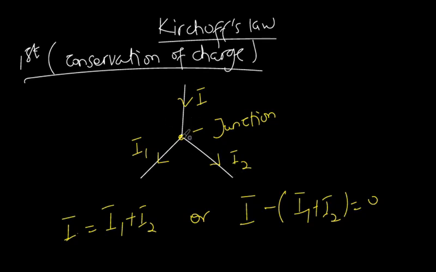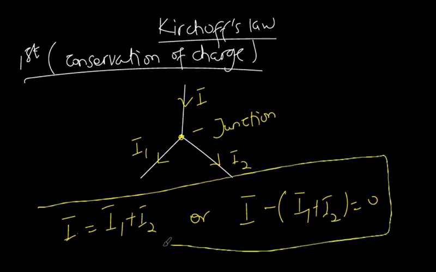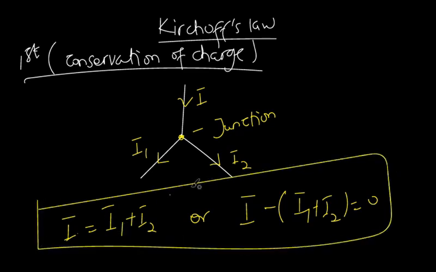So at this junction there is no current at all, or the current arriving is equal to the sum of the currents leaving that particular junction. So this is what the first law of Kirchhoff is telling us, which is what we call the conservation of charge law.